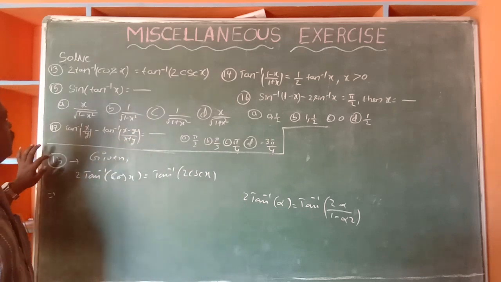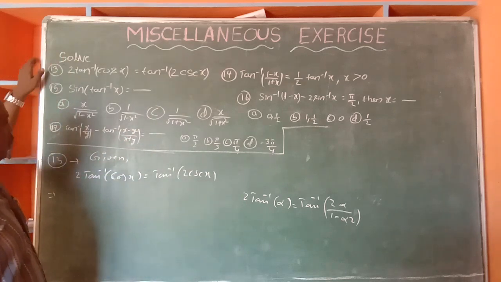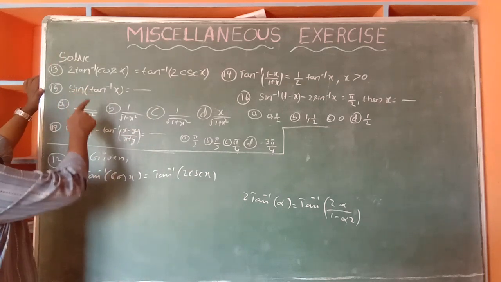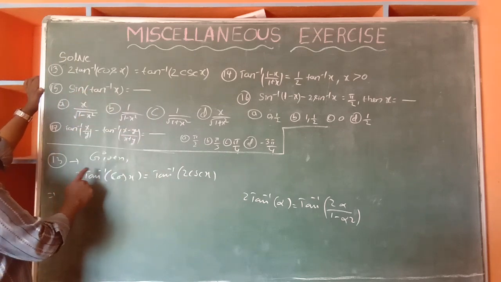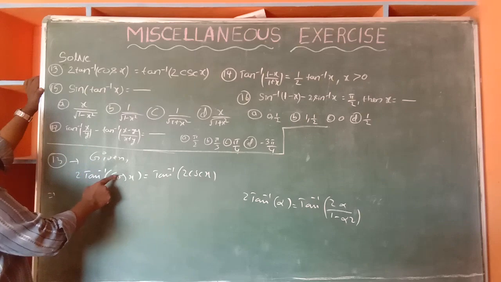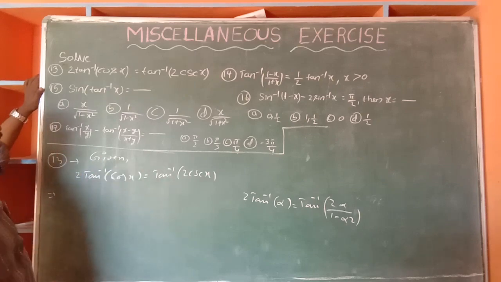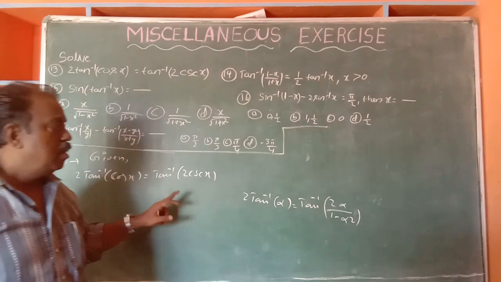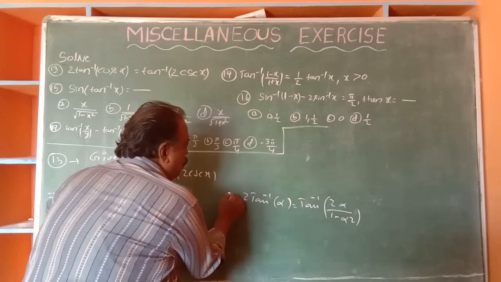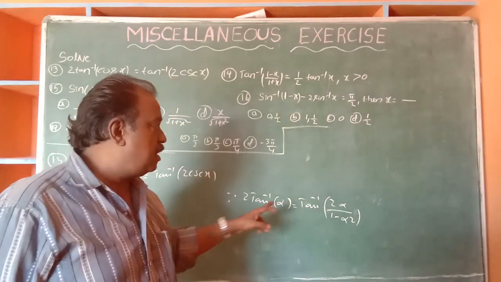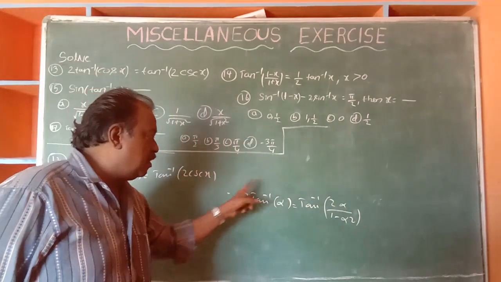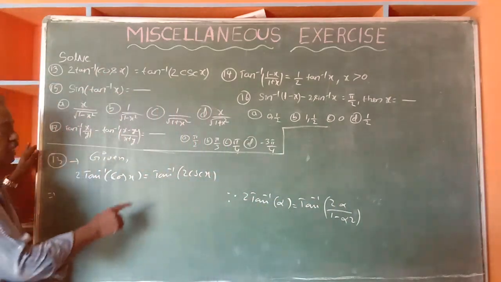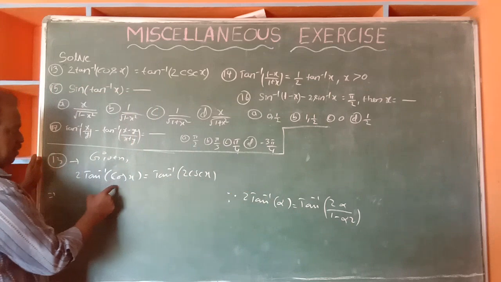Now I am taking the 13th question, where a condition is given, not proving. 2 tan⁻¹(cos x) = tan⁻¹(2 cosec x). I am using this formula: we know that 2 tan⁻¹ alpha is tan⁻¹ of 2 alpha by 1 minus alpha squared. That property is there.